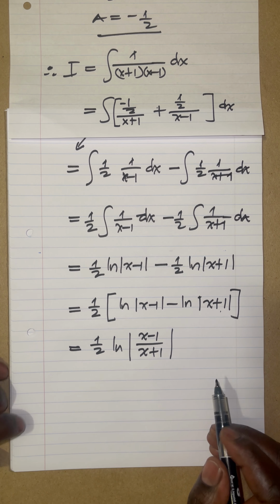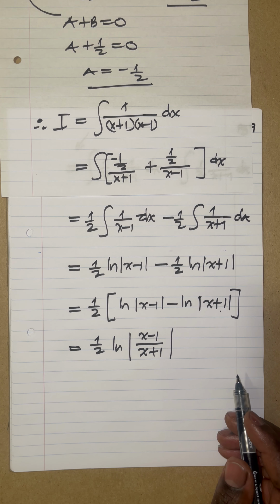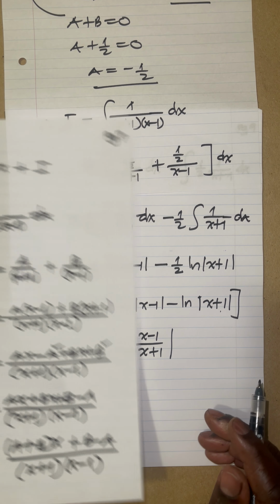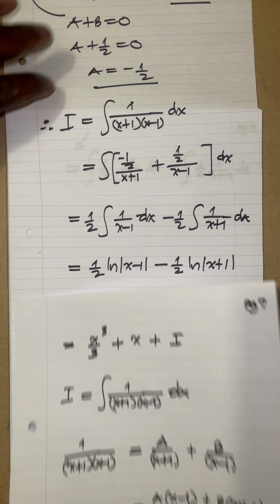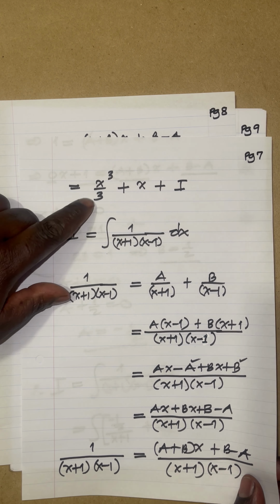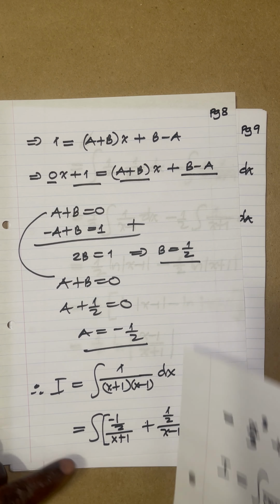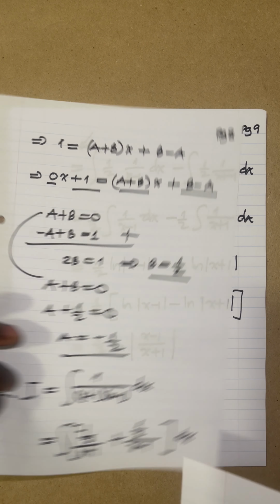But remember, this is our I. So we have to go back and say, where is our integral now? Here is our solution. Remember we said on page 7, this is our page 8, and on page 7 we said x cubed over 3 plus x plus I, and our I is this part there.